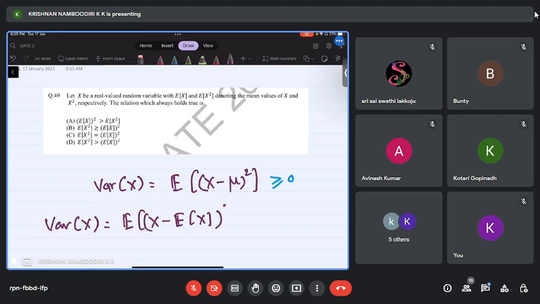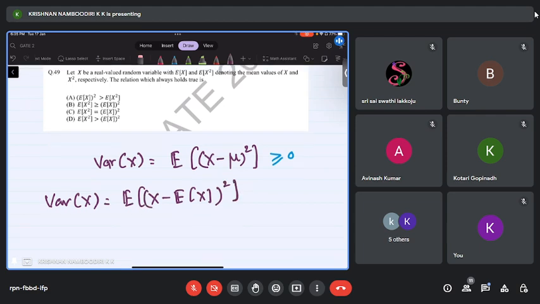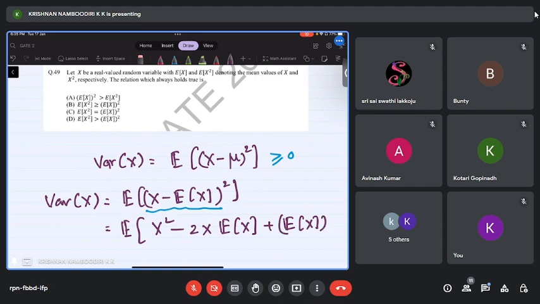the whole square. So what is the expansion of (A minus B) whole square? I am expanding this term, (X minus expectation of X) whole square: X square minus 2X into expectation of X plus expectation of X square, correct?